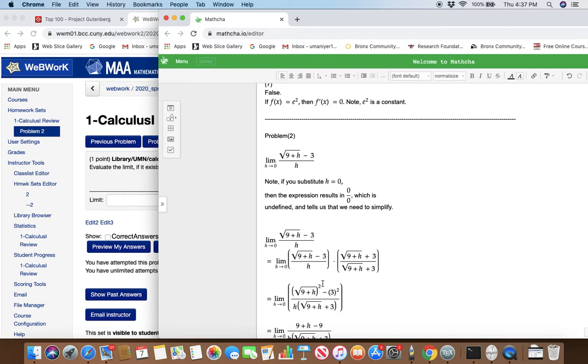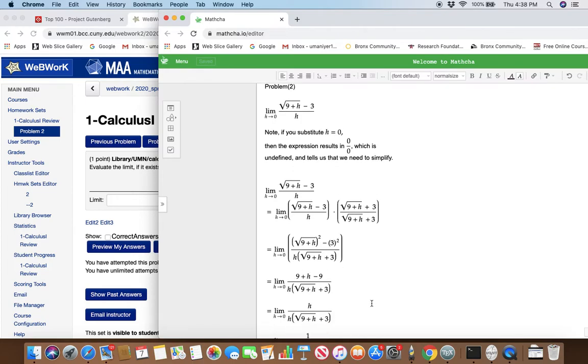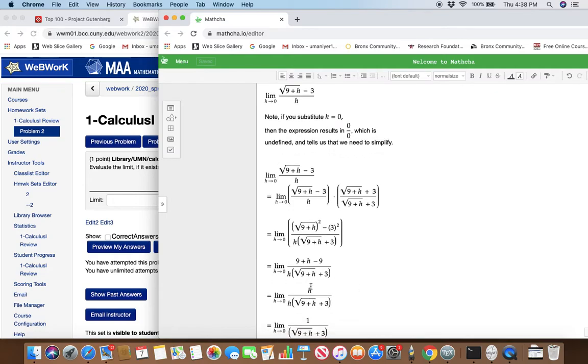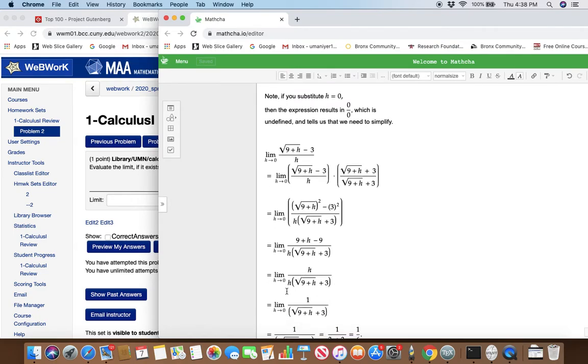Notice the square of a square root gets rid of the square root, and I get 9 plus h minus 3 squared, which is 9. So the 9's get cancelled. I have only h in the top and this quantity in the bottom. Notice h cancels the h.